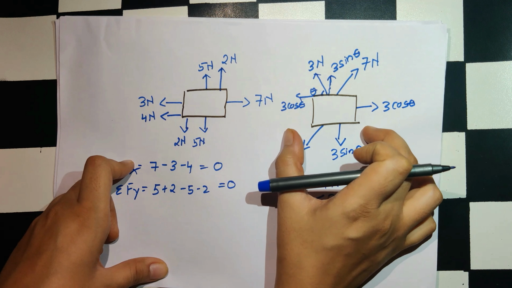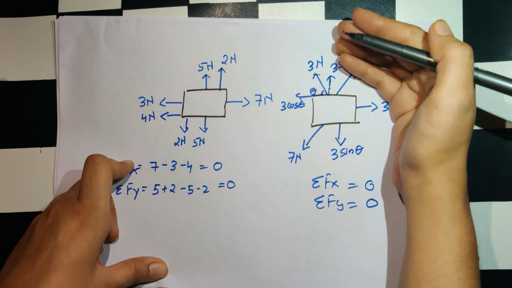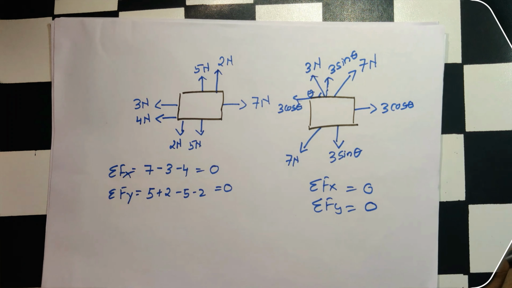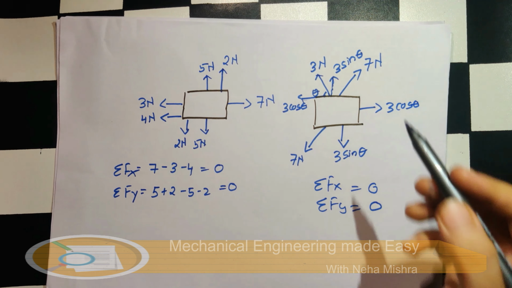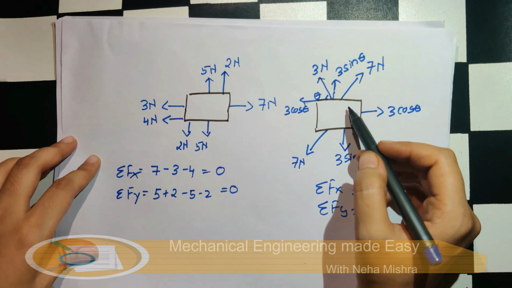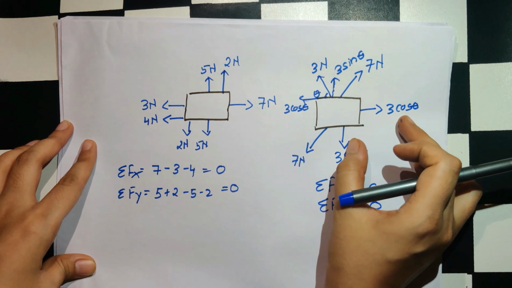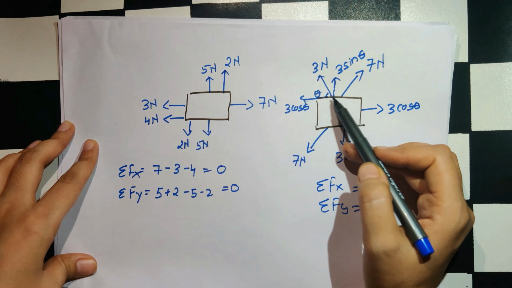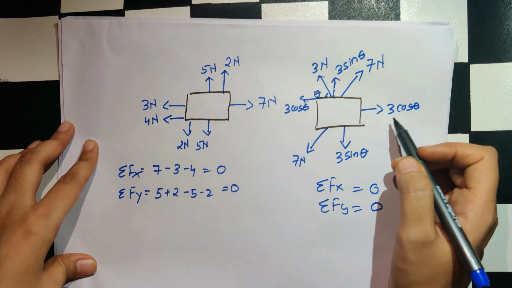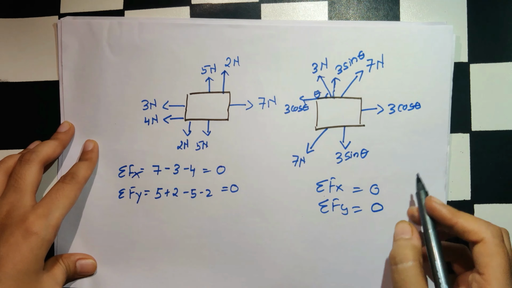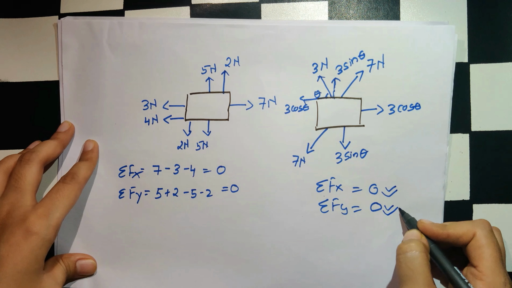this is stable and the forces in the upward direction are equal to the forces in the downward direction. So in the case of an inclined force also, if your object is in equilibrium condition, if it is not moving, it means that if you take its components in the vertical and horizontal directions and take summation Fx and summation Fy, they have to be 0.